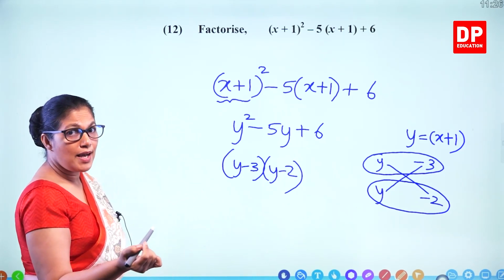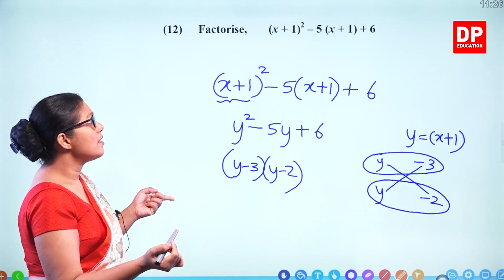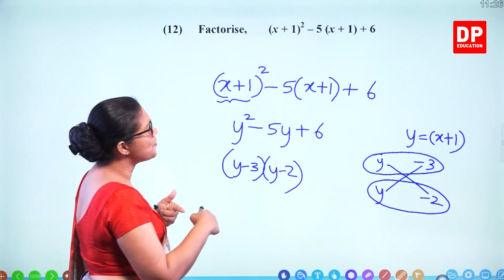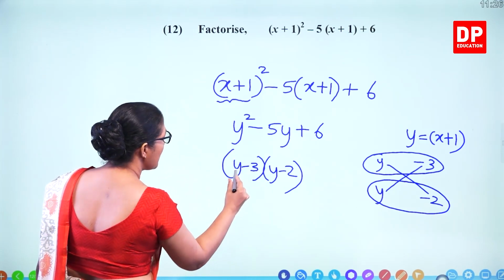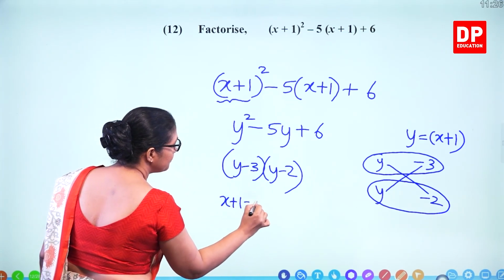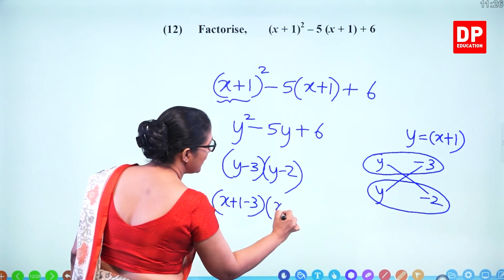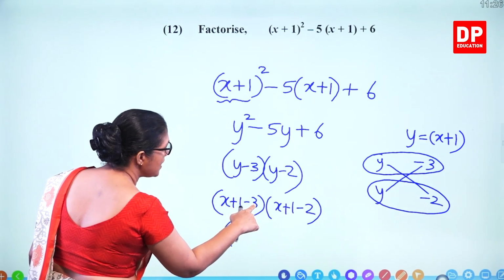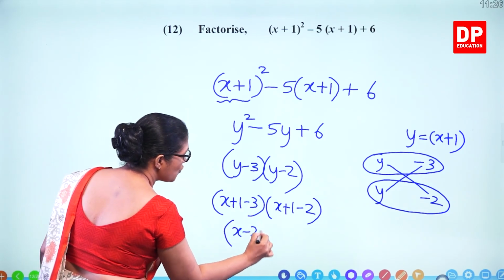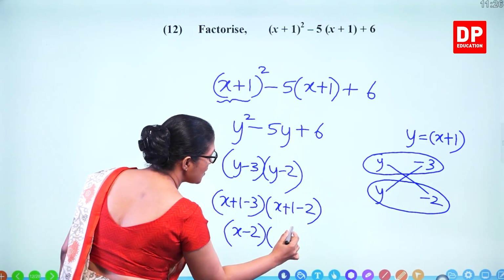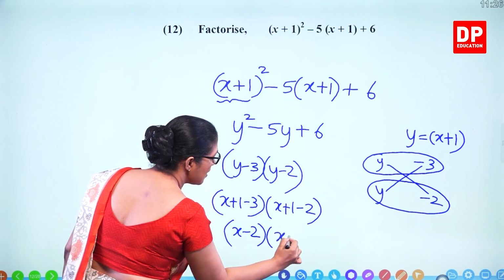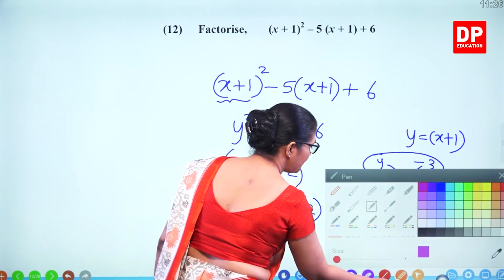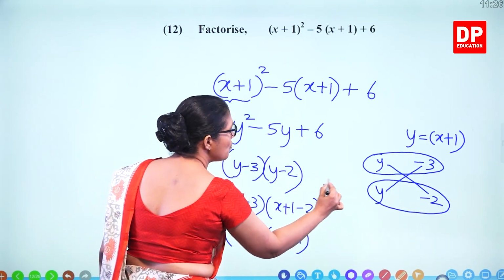But you can't keep the answer like this because the question is in terms of x. So we substitute y equals x plus 1 again. X plus 1 minus 3, you get x minus 2. X plus 1 minus 2, you get x minus 1. So the factors are these two. You get 2 marks for that.